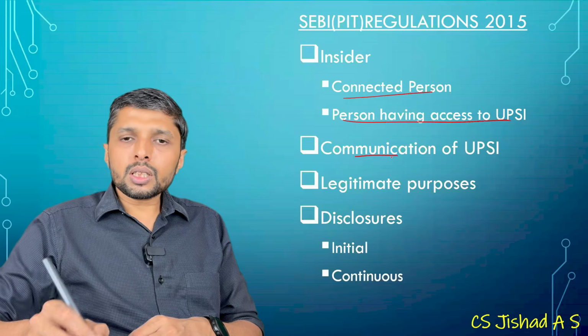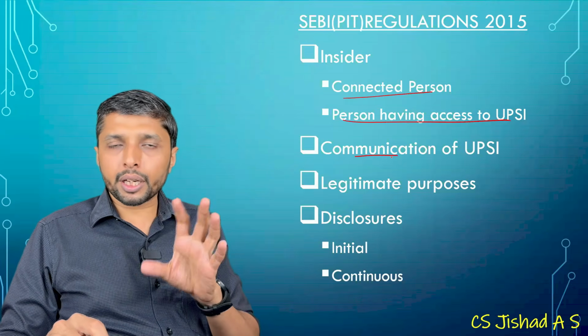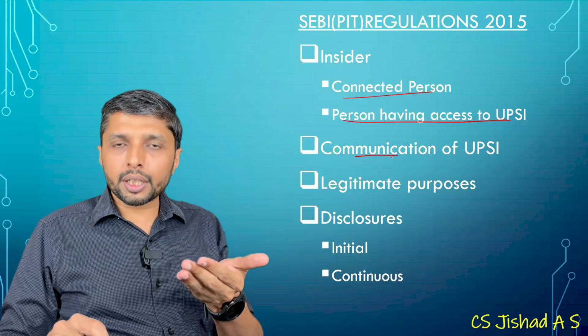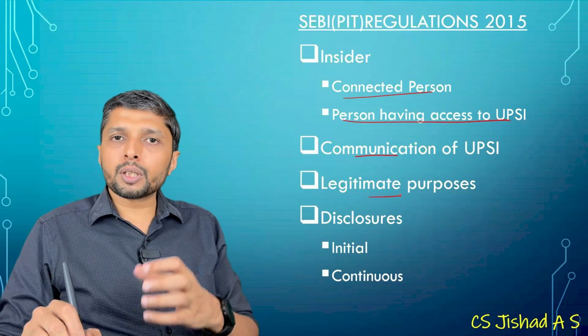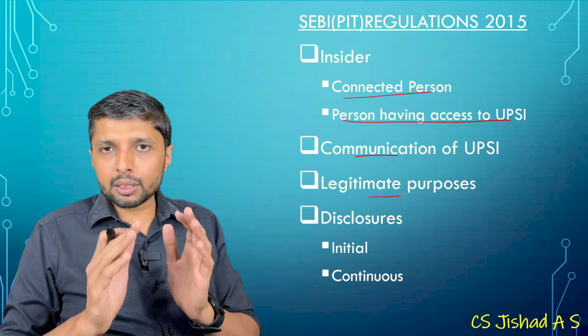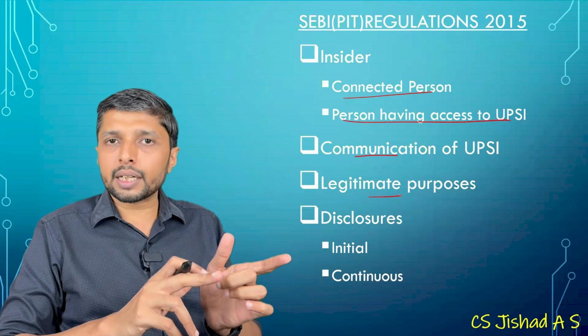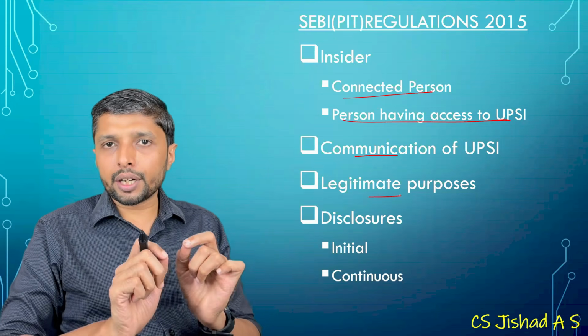Then the provision with regard to communication: you cannot communicate, procure, or persuade communication of UPSI except in relation to legitimate purpose, performance of duties, or discharge of legal obligation. In such cases, the person to whom you have given that information will be treated as insider, and you have to monitor that person.